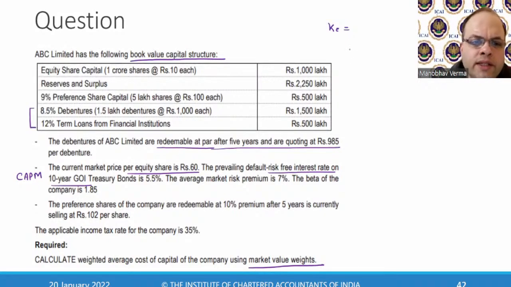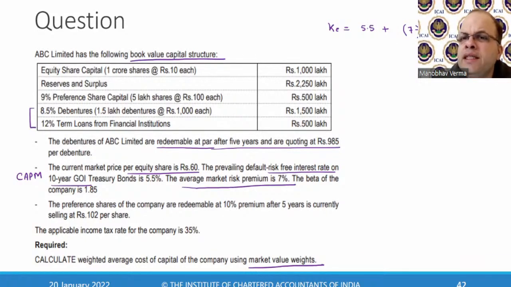So cost of equity, CAPM model. Let's see who wants to give me an answer here. So we are having a 5.5. This is also a premium, guys.